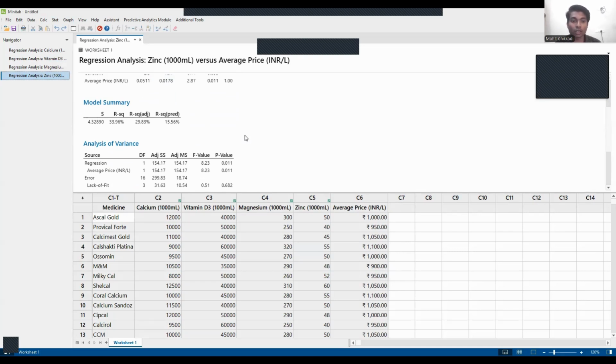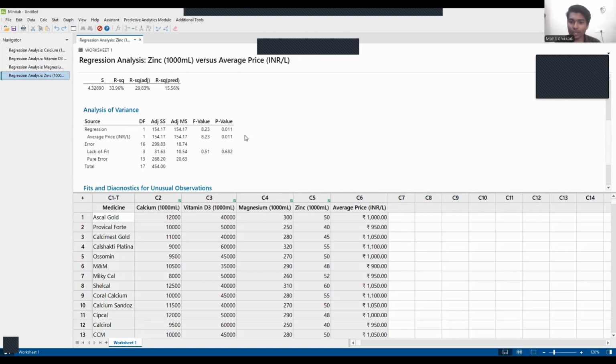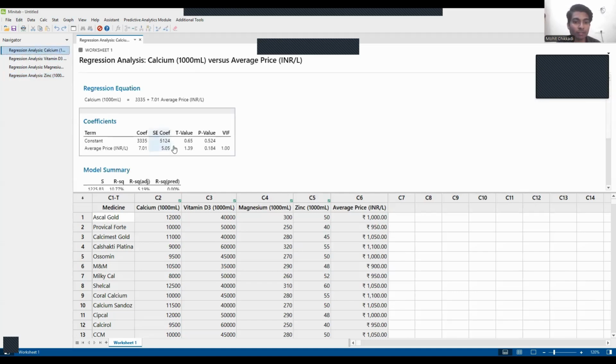We also look at the p-value, which indicates statistical significance. If the p-value is less than 0.05, the result is considered statistically significant, meaning it's unlikely to have occurred by random chance. So we will go ahead and look into the analysis of calcium that we have done.